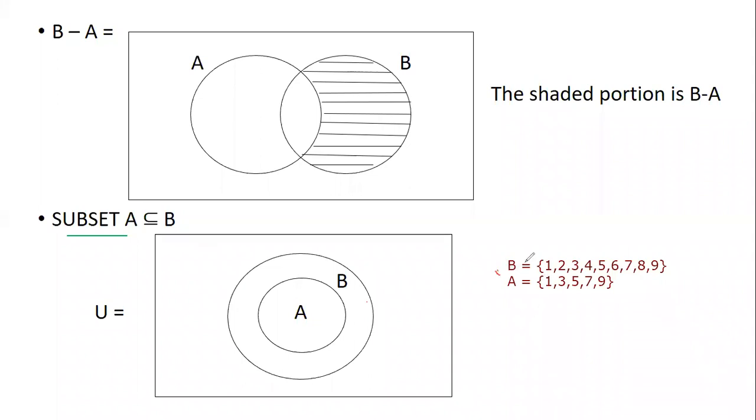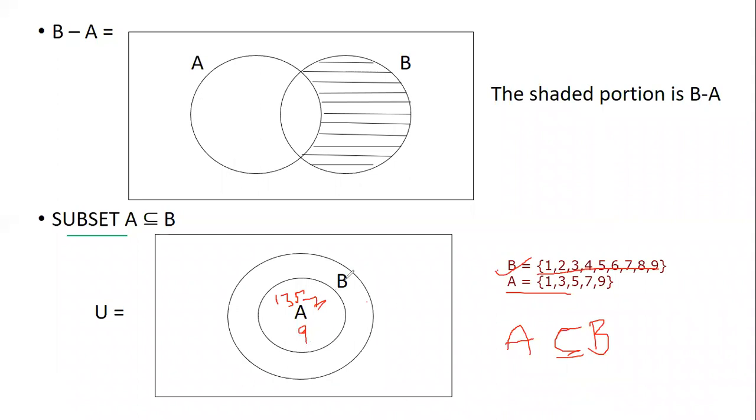B is the superset because it has more elements and it has common elements with A. So A is the subset. So I can say here A is the proper subset of B. Correct? I can say A is the subset of B. Now, how do I represent that? A has 1, 3, 5, 7, 9.